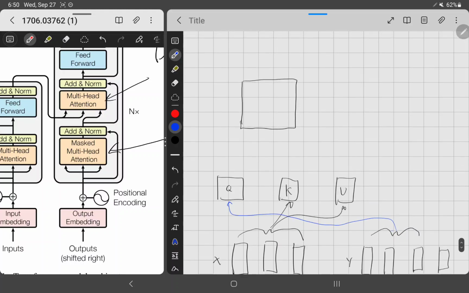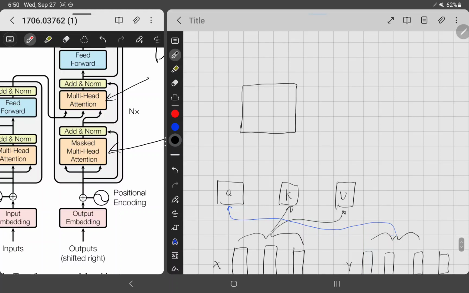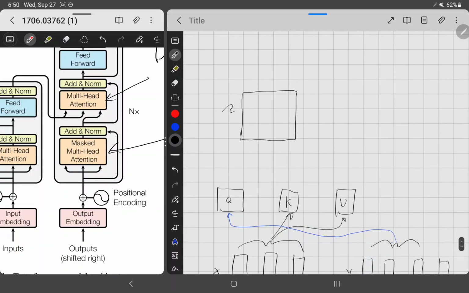So yeah, you can mess with this in such a way where you do get an output that you want. In this case, we can have Y be the queries, and X be the keys and the values, and then you get an N by M matrix, where this part represents the input sequence X. So this would be like I like cats.